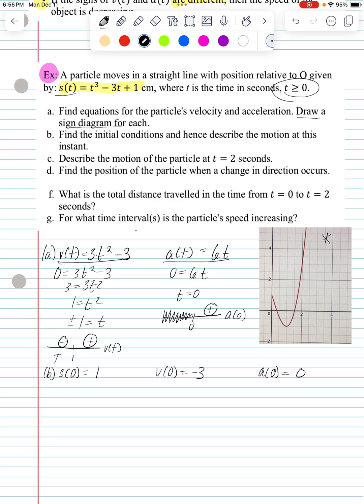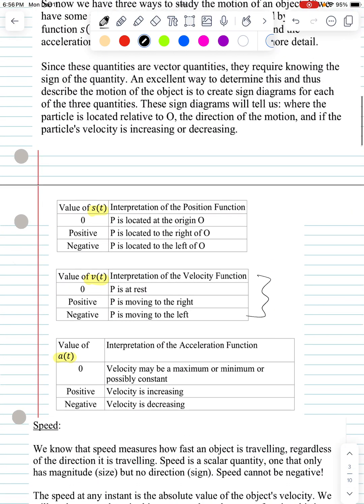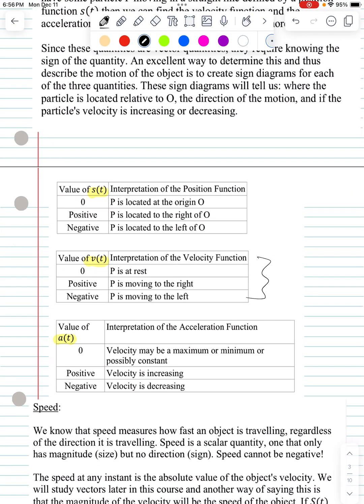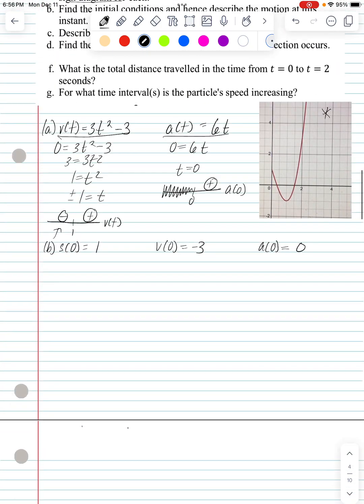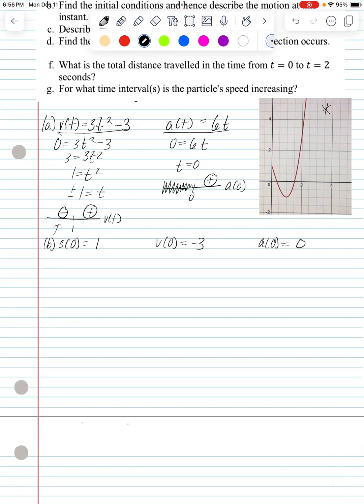So what does that tell us? This is when you would go back to this table to use this information to be able to interpret. So the 1 in the position function is saying that the particle is 1 centimeter to the right of the origin. The negative 3 is telling us about the particle's movement.